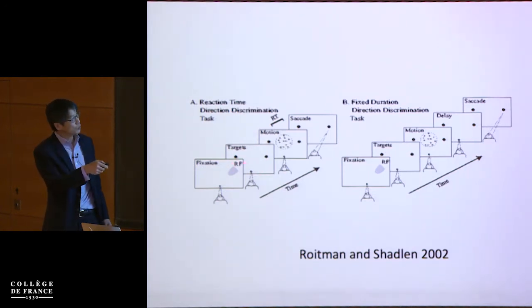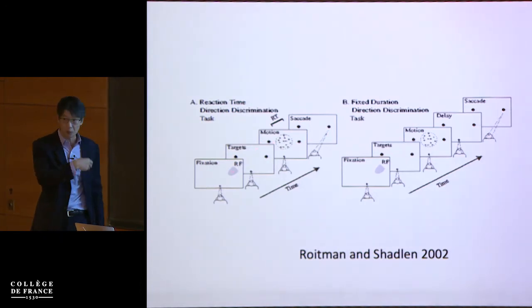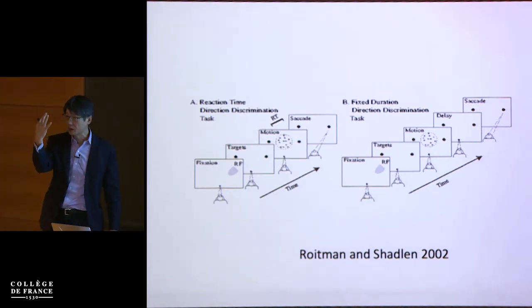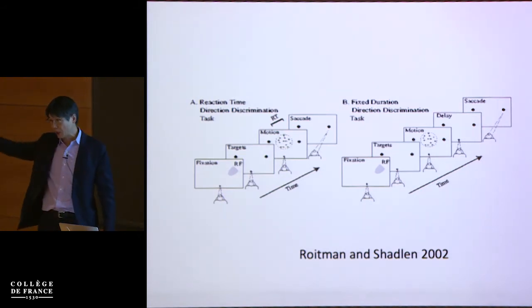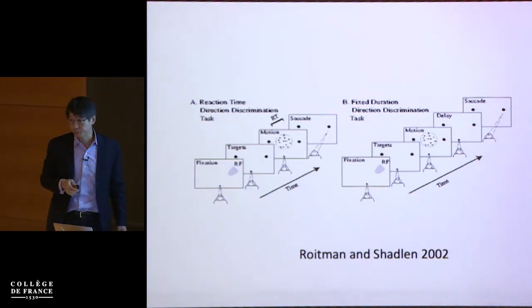Then you put one of the two possible choices inside the response field of the cell, and the other one opposite from it. Then you show the dots, and the monkey looks at the dots and decides whether it's A or B by a saccadic eye movement to the target to the left or to the right.